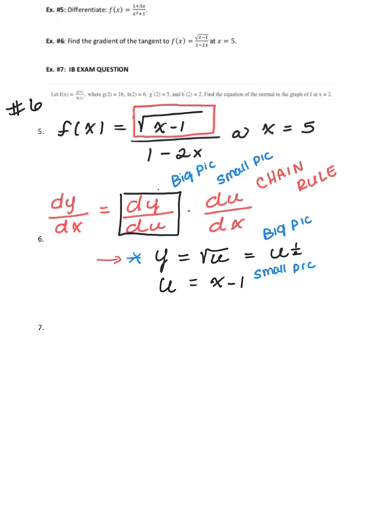Use the power rule, which says what? What is my dy over du? What does that equal? It's u to the 1/2. What do I do with the power?